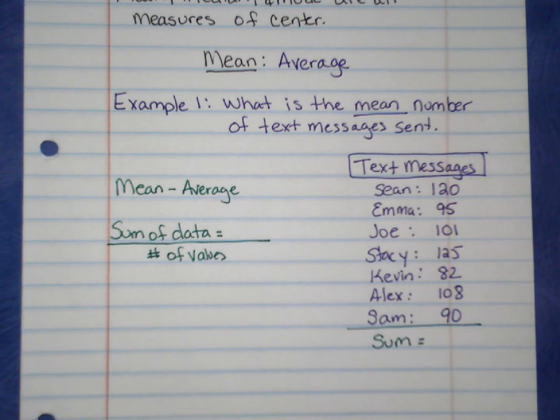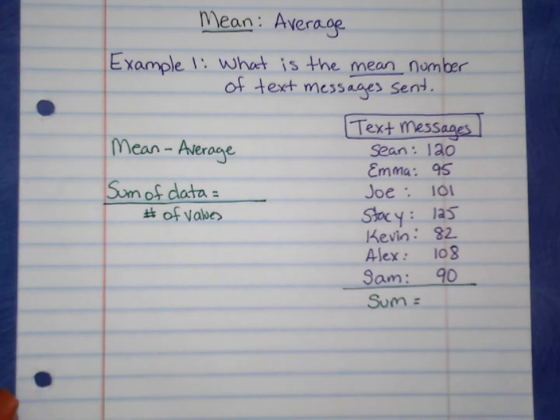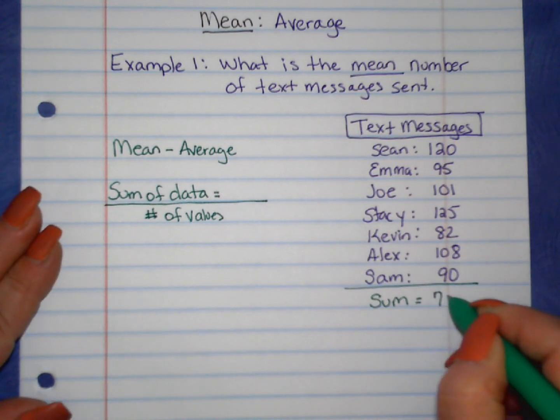So go ahead and pause the video and get the sum of those values. Okay, so hopefully you paused the video and you went and found your sum and you added them all up. And hopefully you came up with 721.